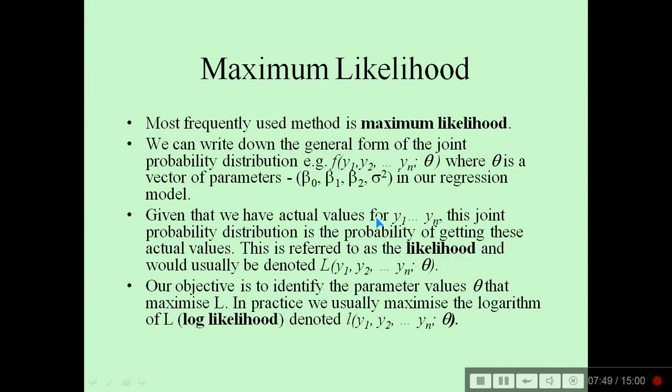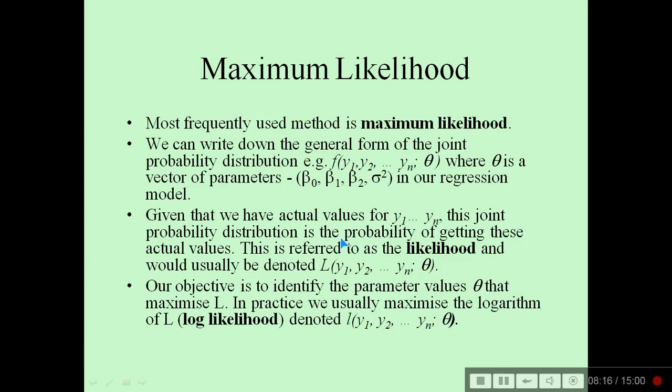So maximum likelihood, the most frequently used method, is maximum likelihood. We can write down the general form of the joint probability distribution, for example f(y1 to yn; theta), where theta is a vector of parameters, that is β0, β1, till sigma square in our regression model. Given that we have actual values for y1 to yn, this joint probability distribution is the probability of getting these actual values.